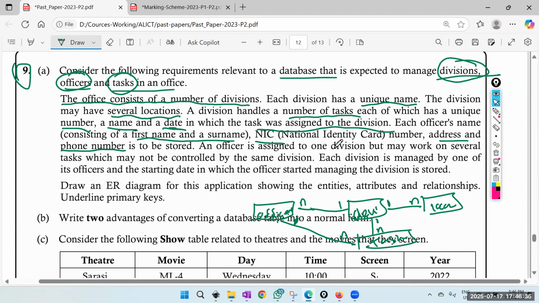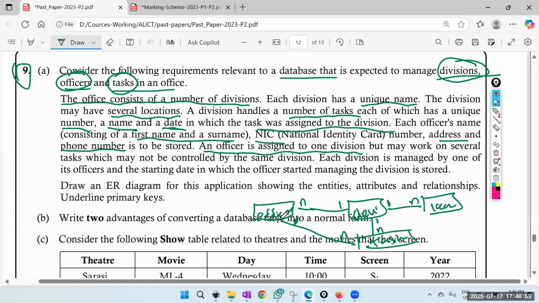An officer is assigned to one division but works on several tasks which may not be controlled by the same division. That is strange, right? Maybe an officer is in one division but may need to attend to tasks outside his division also.